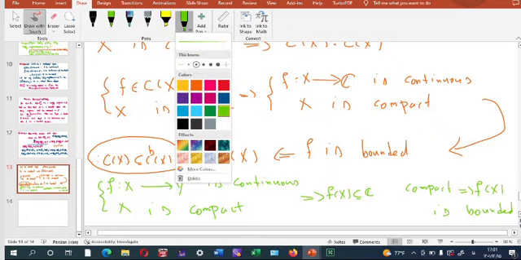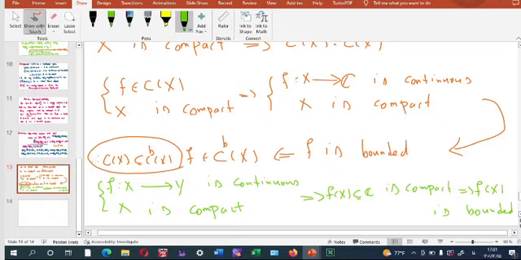And we know that any compact subset of complex numbers must be bounded and closed.